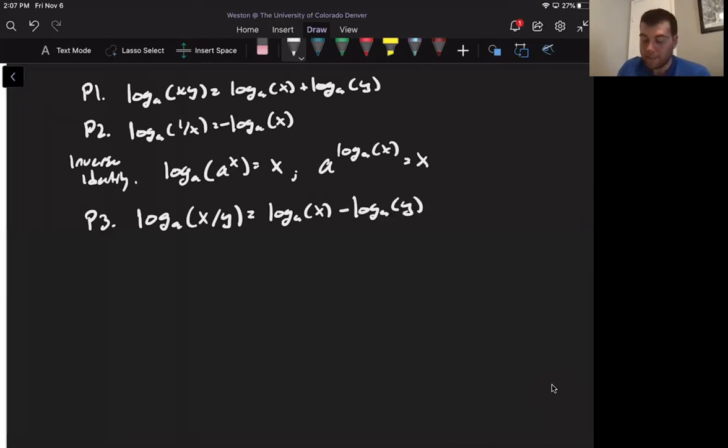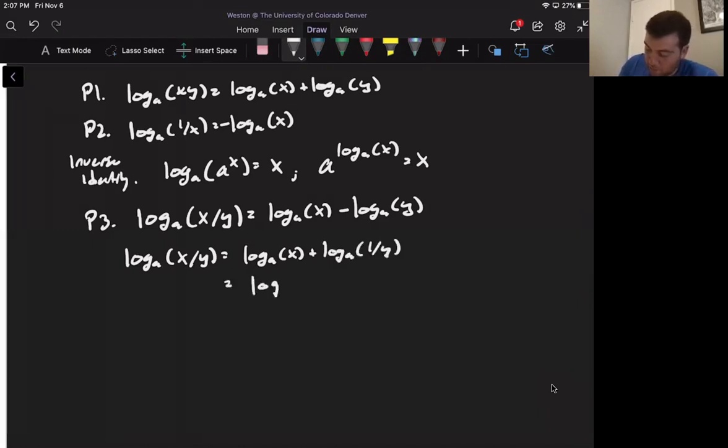This one's pretty quick. Log a of x divided by y equals log a of x plus log a of 1 over y, which equals log a of x minus log a of y.